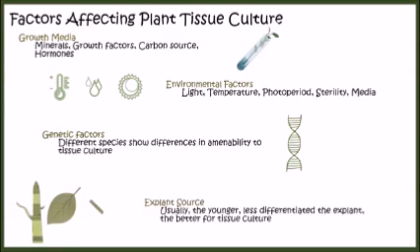Lastly, the explant source, the starting material we are using for growing a plant. Obviously, a tissue which is less differentiated has a greater chance, or it would be best for making a new plant compared to a tissue which is totally differentiated.